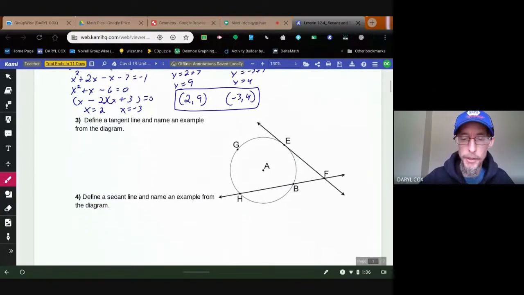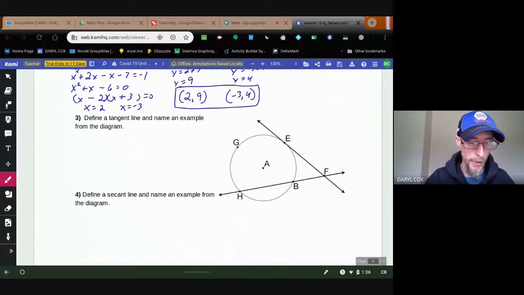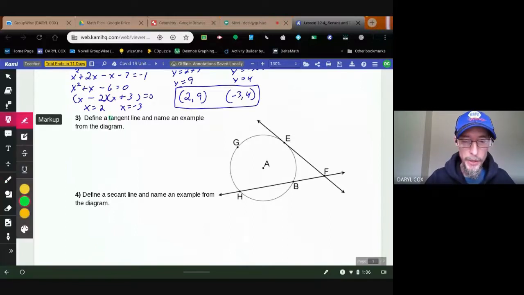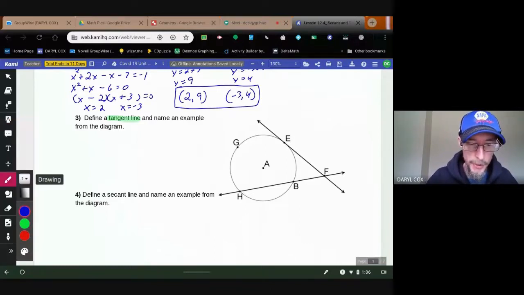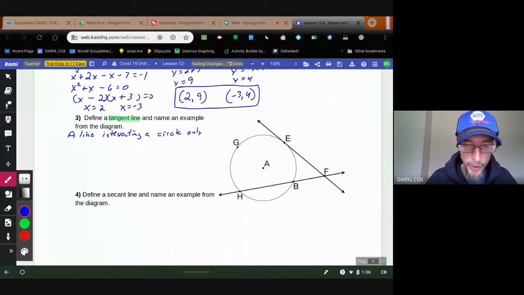Give me some definitions. So first question, define what is a tangent line? Give me the definition. So hopefully you were able to say that a tangent line is a line intersecting a circle only once or only one time.